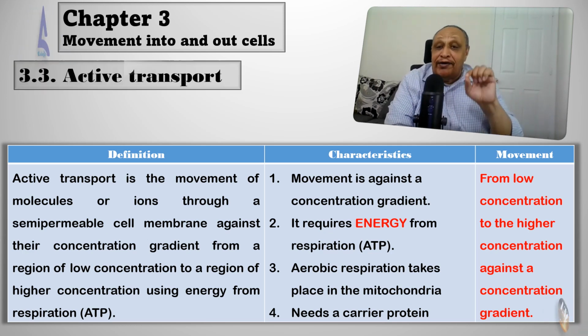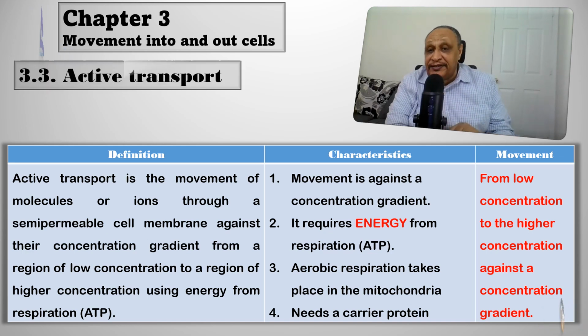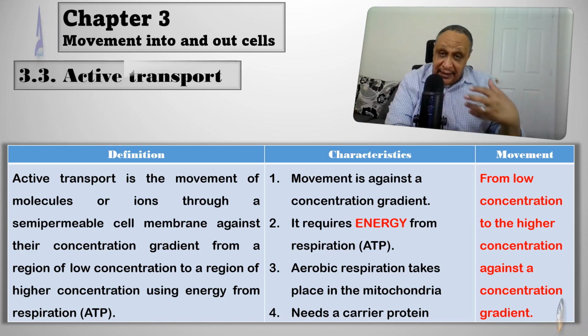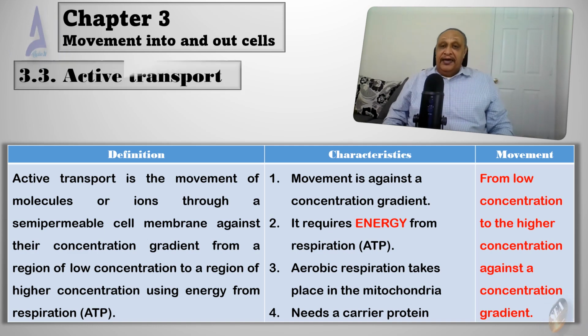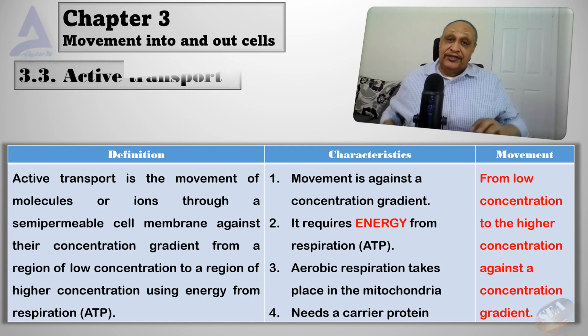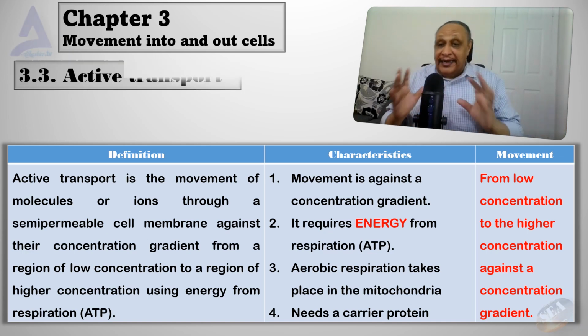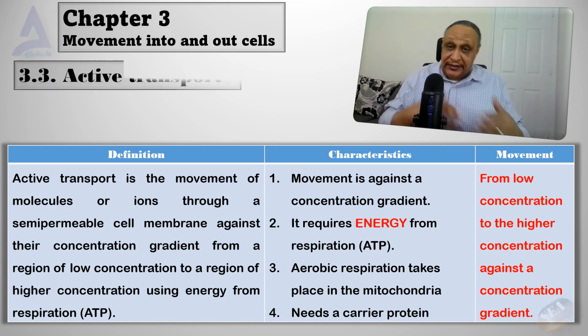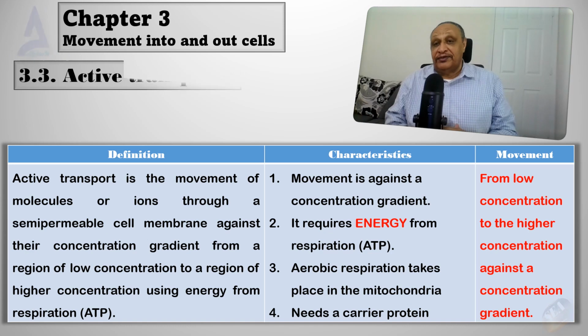Third, aerobic respiration takes place in the mitochondria. And number 4, it also needs a carrier protein. So those are the characteristics and at the same time the conditions by which active transport happens.